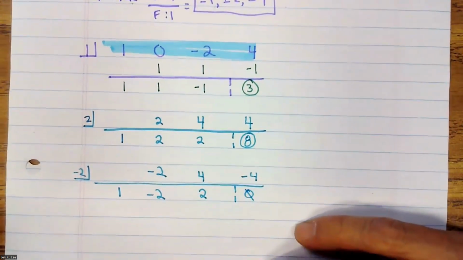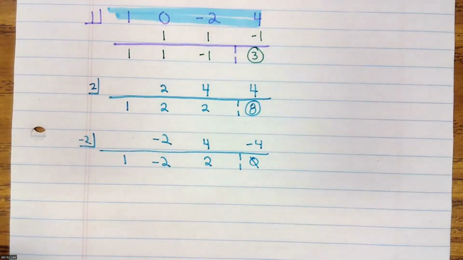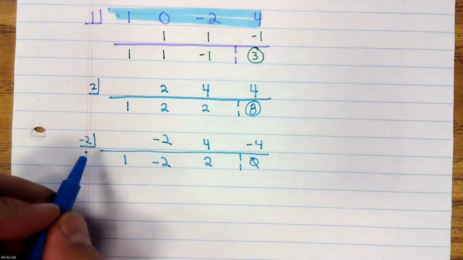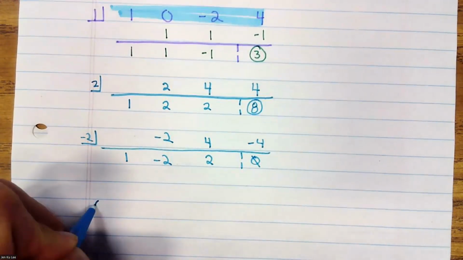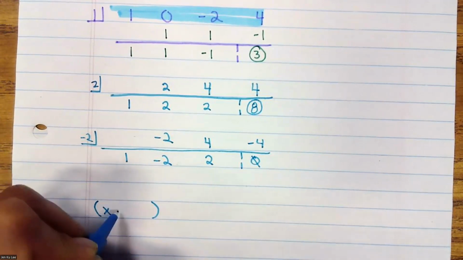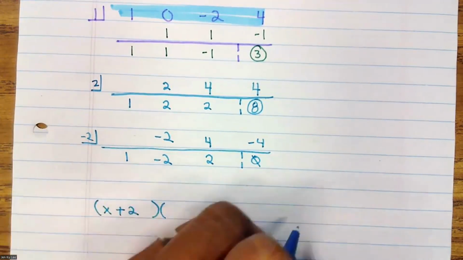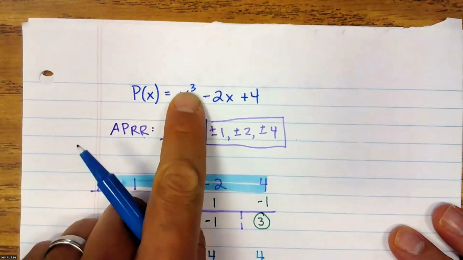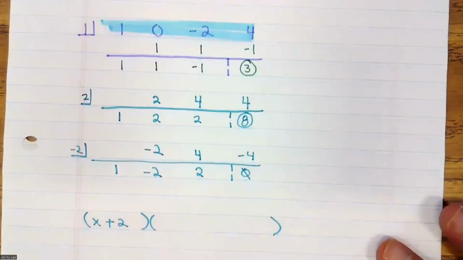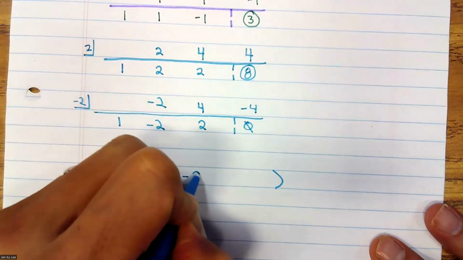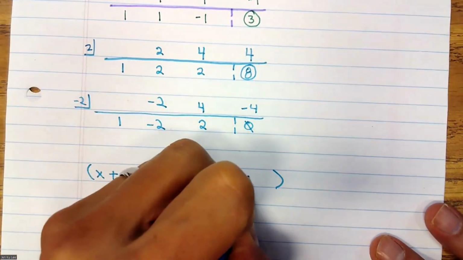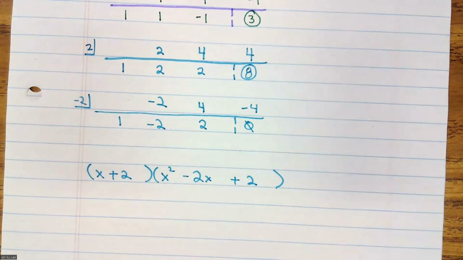Right? So we got our root. So if x minus negative 2 is my root, then what's my factor? x plus 2. And then I know this starts off with x squared, so 1x squared minus 2x plus 2. Correct?